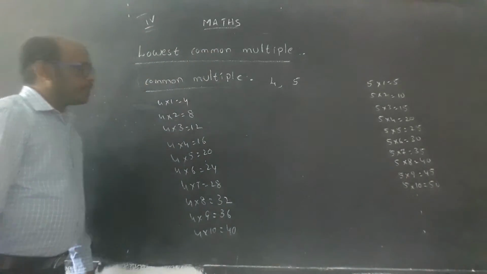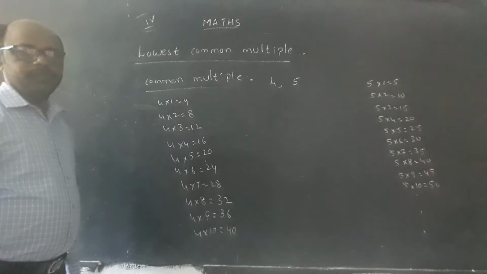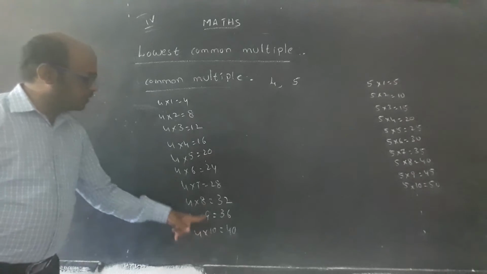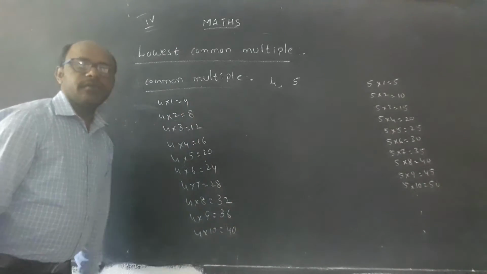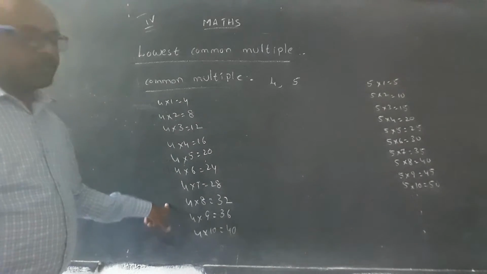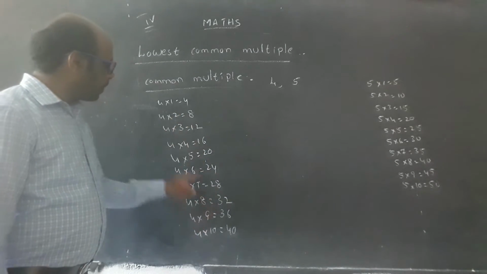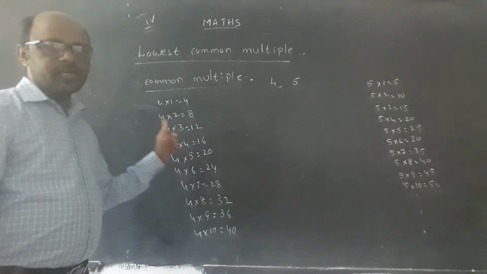Okay, now the common number here is 4. With 4 we multiplied other numbers and got the products. Whatever products we get, we call them multiples of the common number, which is 4. So we say multiples of 4.